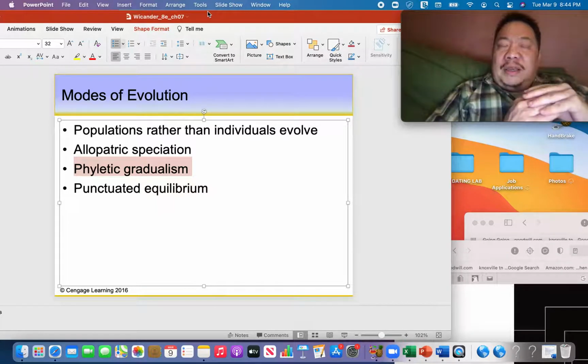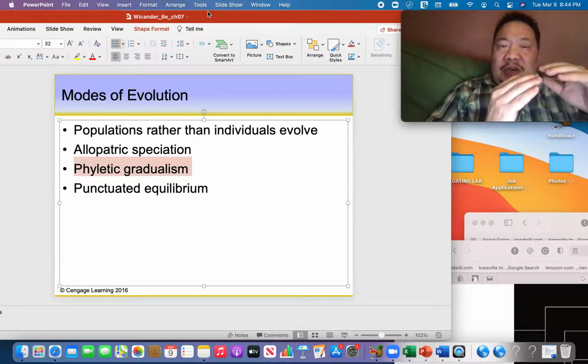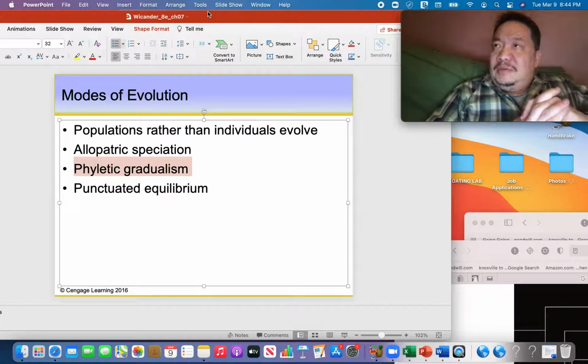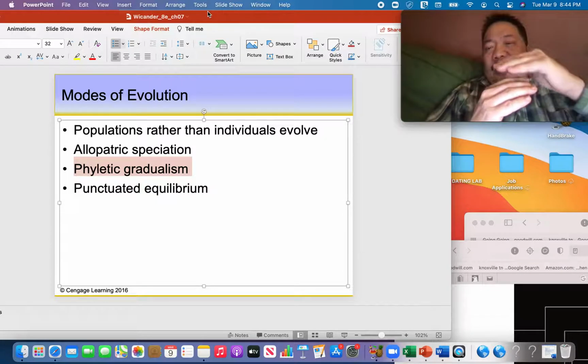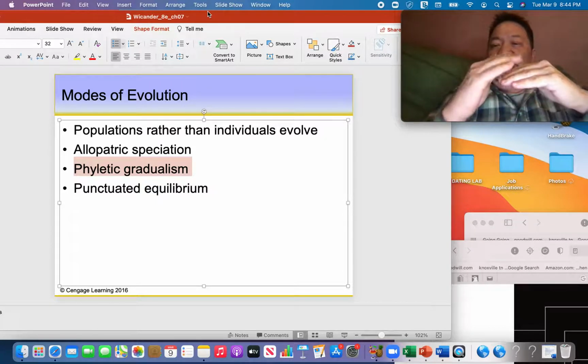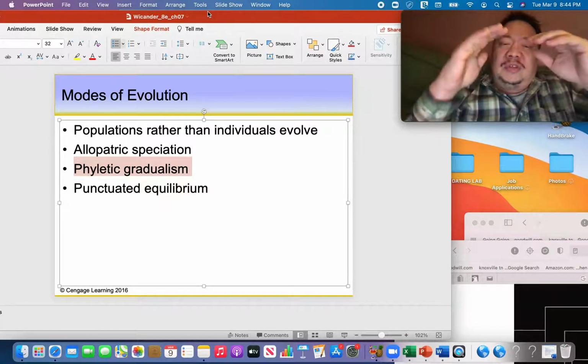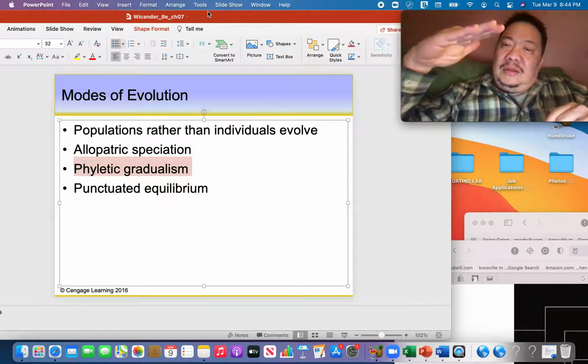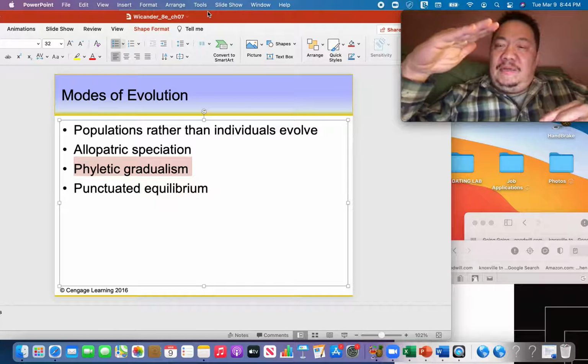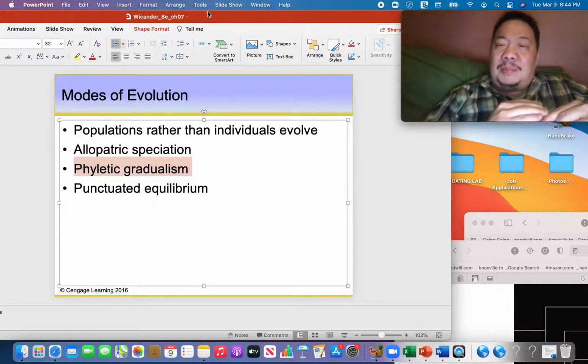And certain traits will give certain individuals a higher chance of survival, so that the next generation will be slightly different genetically. And the next generation after that will be slightly different. The generation after that will be slightly different. And as you go through long periods of time, maybe millions of years, this population has become much different than its ancestral population.